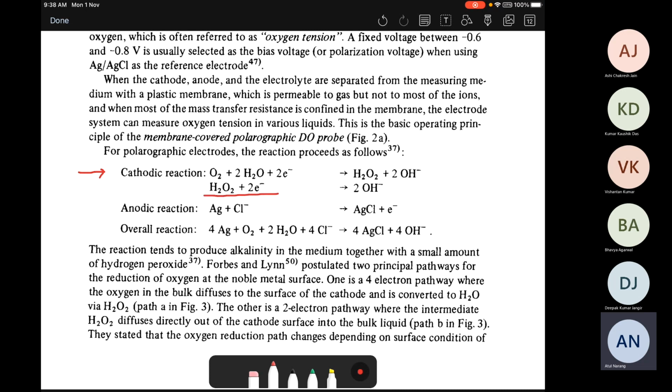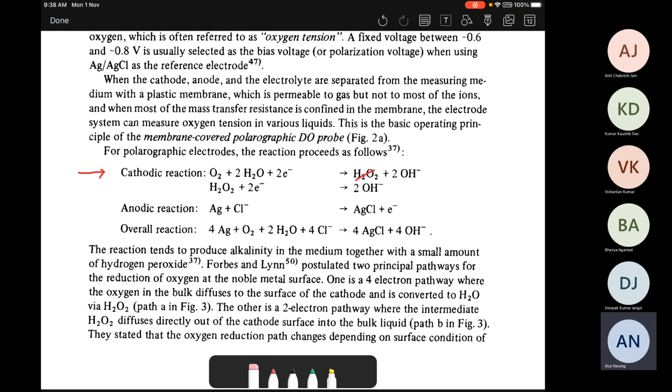If you add it all up, this thing cancels out, and you will end up with O2 plus 2H2O plus 4 electrons, so it gains 4 electrons to give you 4OH minus. This is the sum total of the reaction. So this is the net effect. Essentially, you're producing OH minus from O2.